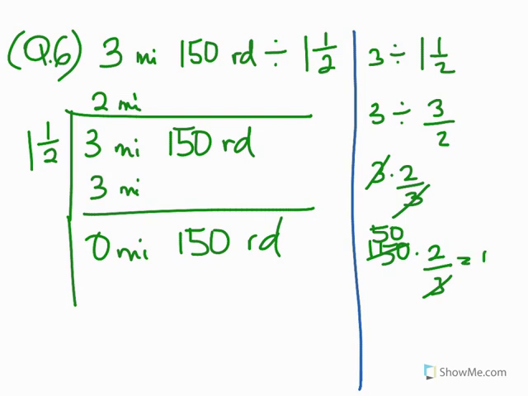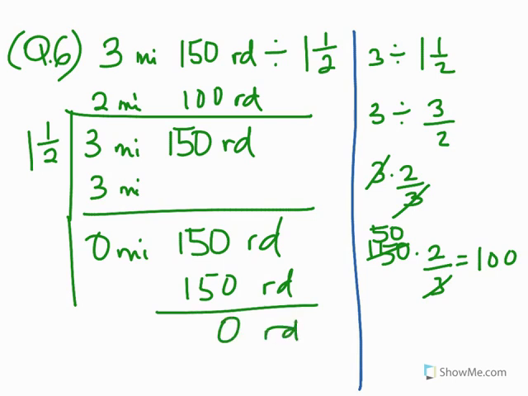So you have 100 rods, and this is 150 rods minus 150 rods, 0 rods. Then you do a final check. What is the relationship between rods and miles? 1 mile is 320 rods, so 100 rods is smaller than 320. So our answer becomes 2 miles, 100 rods.